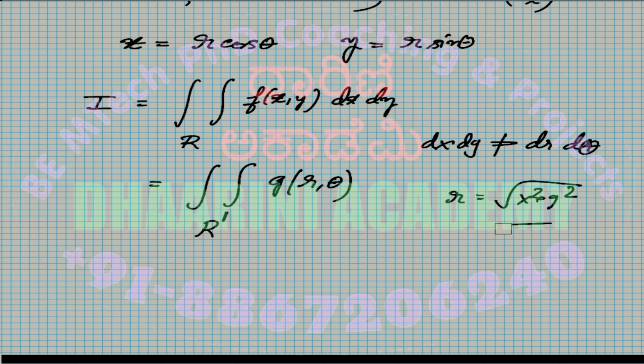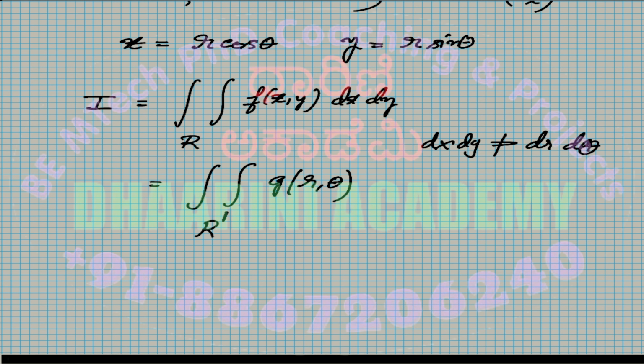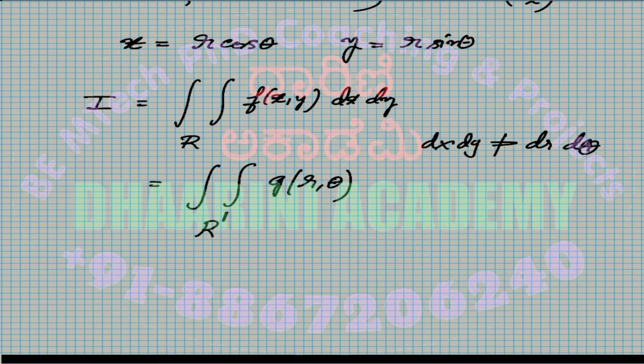All right, okay. So that's why dx dy is not equal to dr d theta. I have to write one particular thing here. I'm going to come to dr d theta ultimately, but there is another parameter that I need to consider: how r and theta vary with respect to x and y, correct? Because dx dy is change in x and change in y.